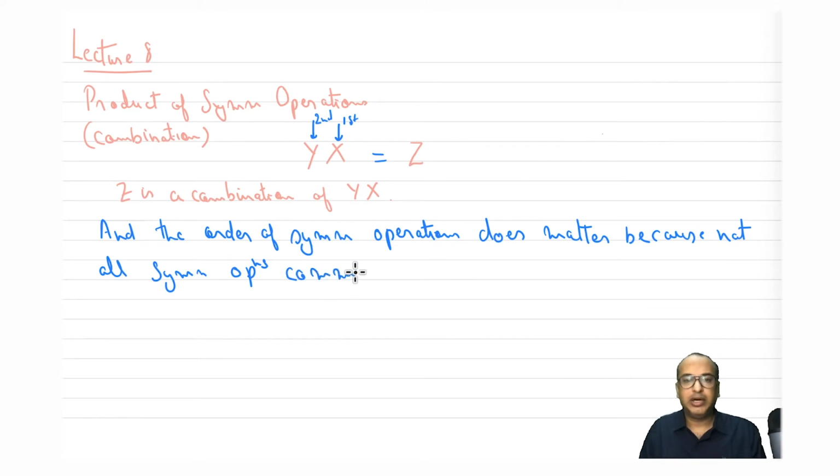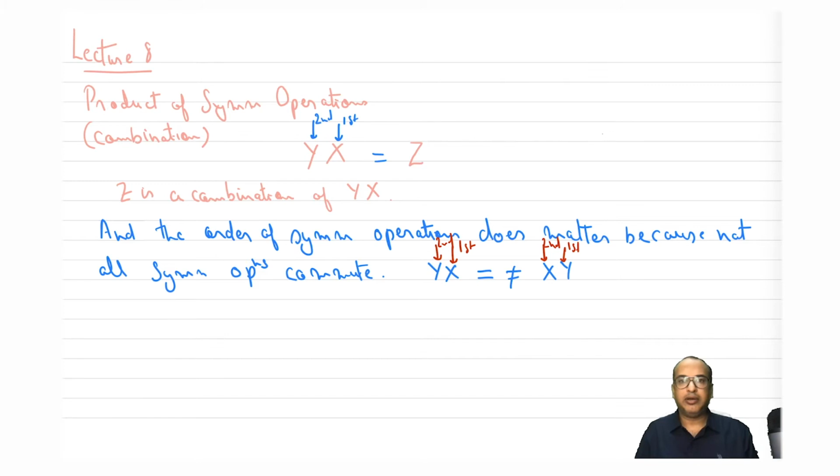We have seen that earlier. What is a commutation of symmetry operations? What I mean is yx is not necessarily equal to xy, it may or may not be equal. Here, y is your first and x is your second operand, and in this case x is your first and y is your second operand.